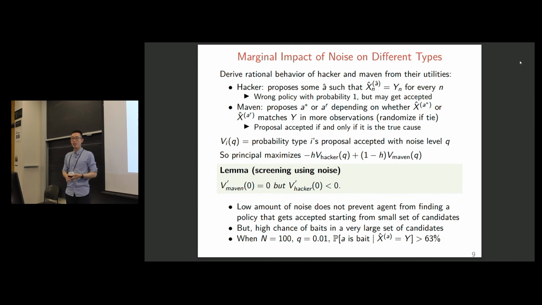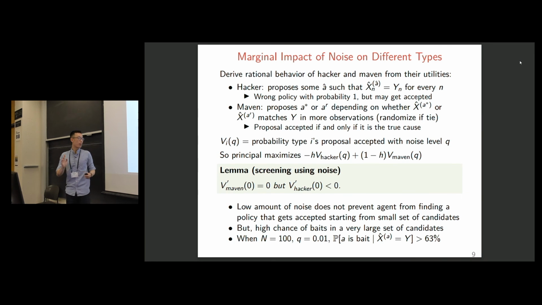As a calibration exercise, suppose I have 100 observations. I flip each bit with 1% probability. What is the probability that some A is a bait if I see that it matches exactly the set of all outcomes? The answer is actually more than 63%.